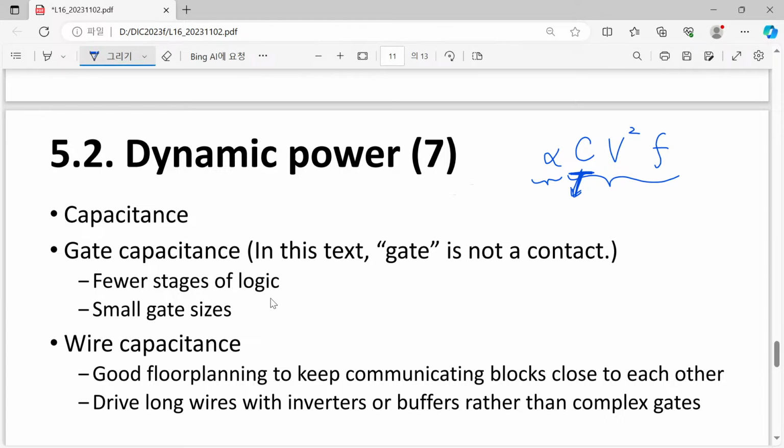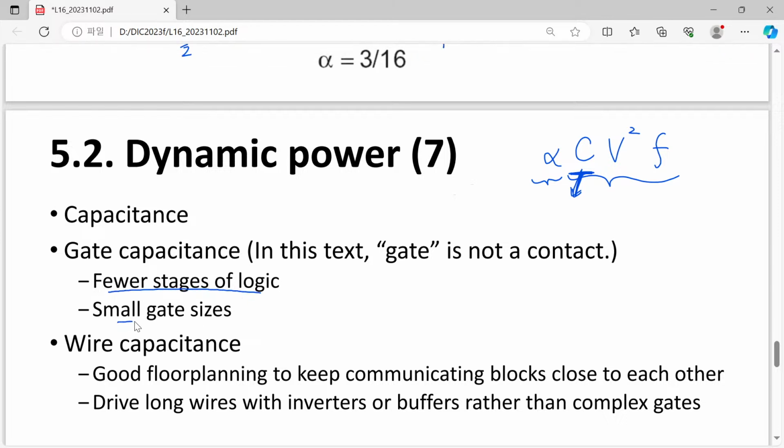For example, if you introduce fewer stages of logic or smaller device sizes, then certainly that reduces your capacitance. Let's assume that you don't have any kind of inverter.